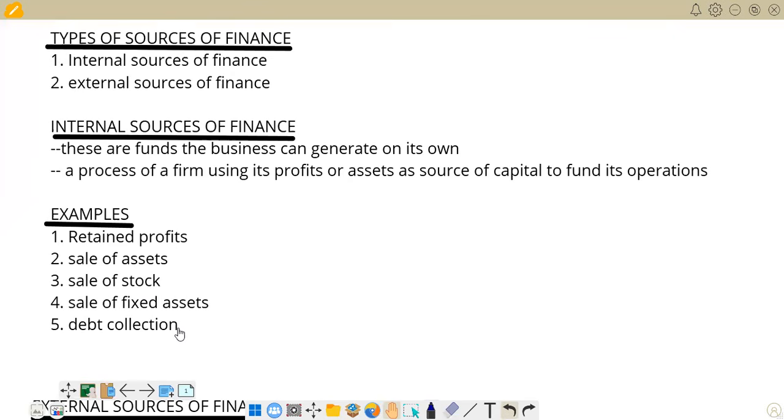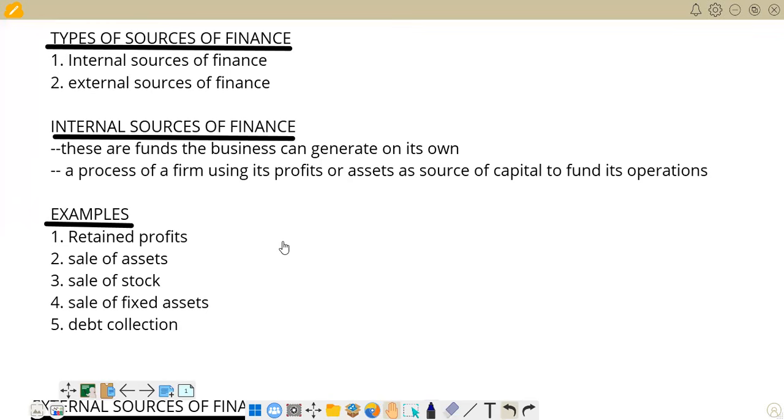Then we have debt collection, the last example in terms of internal sources of finance. When we are selling goods on credit, as a trading business, we call the people or businesses that we are selling to our debtors.